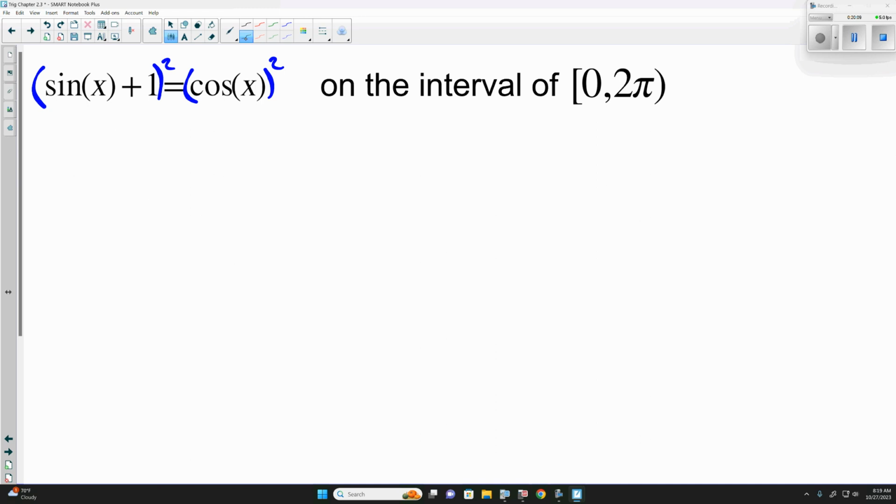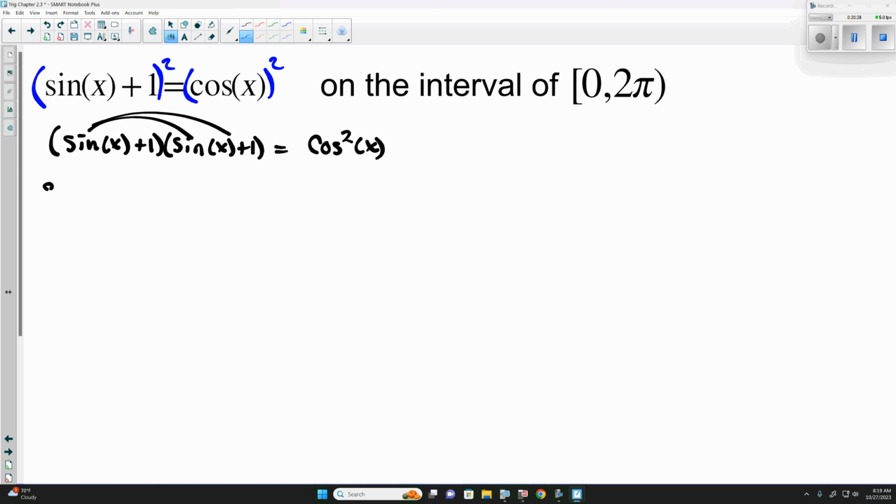Now on the left-hand side, we're really saying we have sine of x plus 1 times sine of x plus 1 is equal to, well, cosine squared of x. Now when we distribute this out, sine of x times sine of x is sine squared of x.